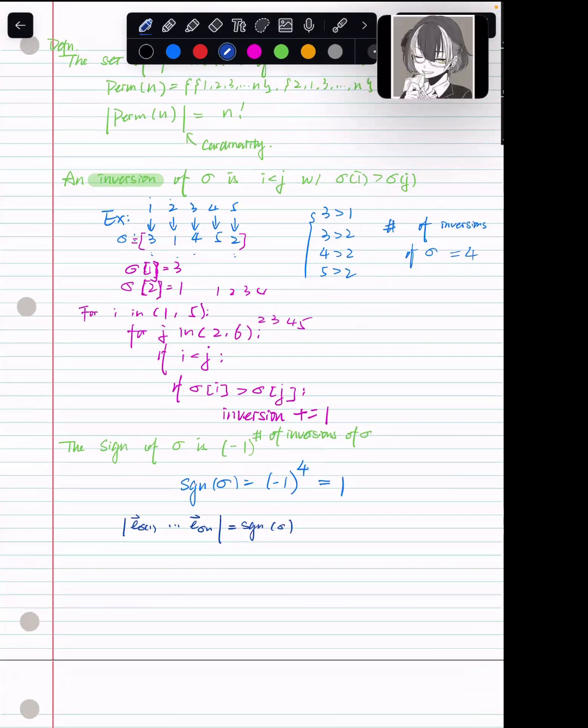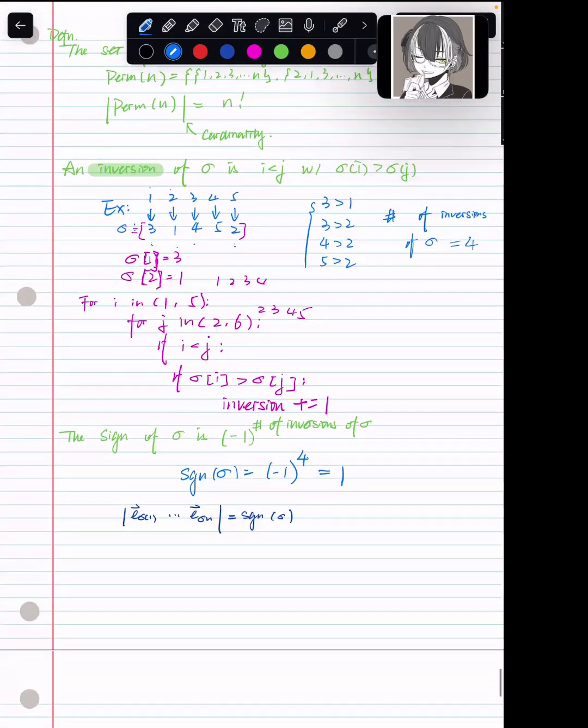The way we define inversion, the number of inversions counts how many numbers have a greater number at a lesser index.